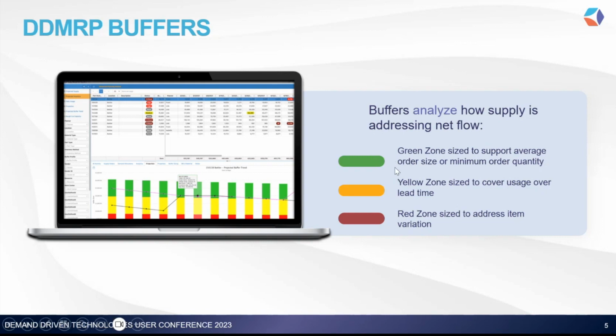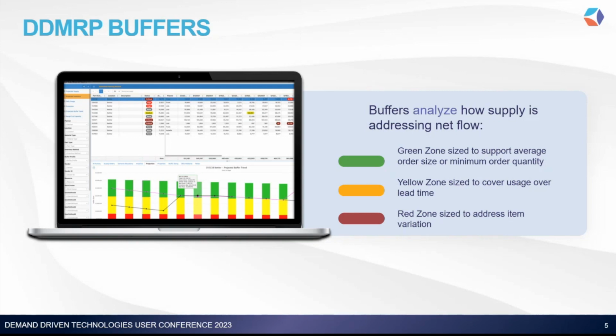There's three zones within the buffer. The core is the yellow zone, which is sized to cover our usage over the lead time. So on average, over a given lead time for an item, how much are we consuming? So we're obviously going to take the lead time into consideration for that. And then we want to take our rate of consumption into consideration as well. And there are multiple ways that we might arrive at that rate of consumption.